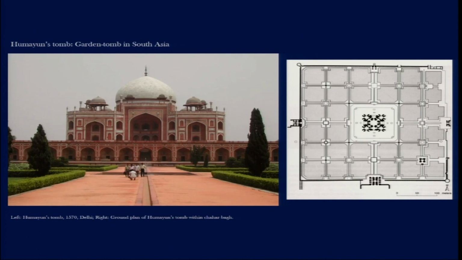Now we do not have a major pathway like these entrances that we have on this side of the tomb complex. And why is that? That's because at the northern end of this particular tomb complex flowed the river Yamuna.